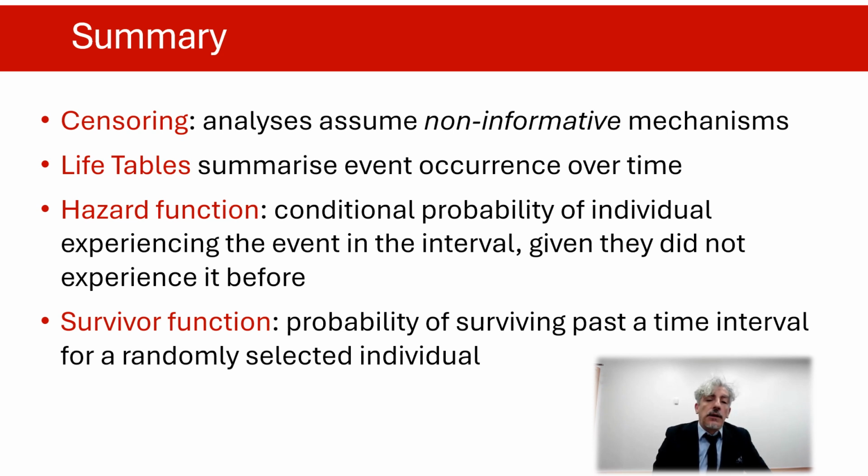I have illustrated and described life tables which summarize event occurrence over time, and I have introduced the hazard function, which is the conditional probability of an individual experiencing the event within the interval given that they did not experience it before. And then I have illustrated and talked about the survival function, which is the probability of surviving past a time interval for a randomly selected individual.